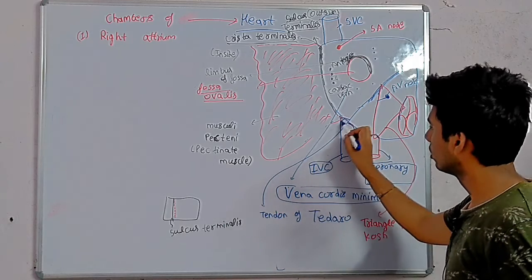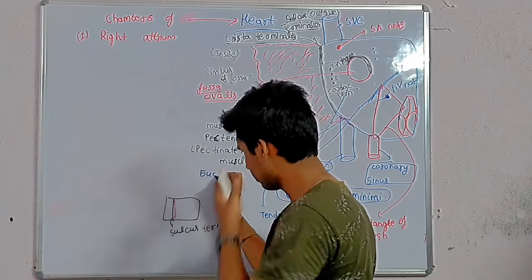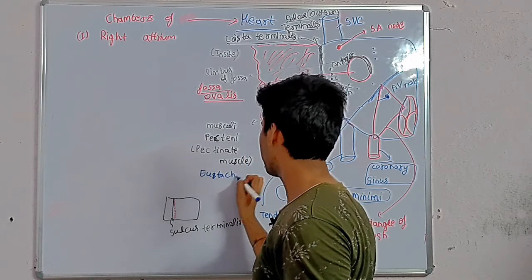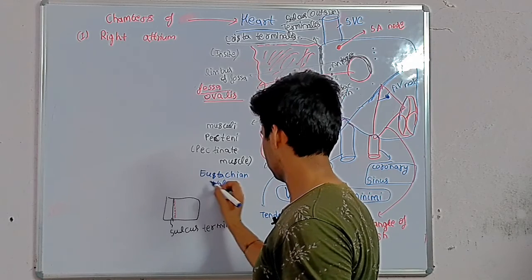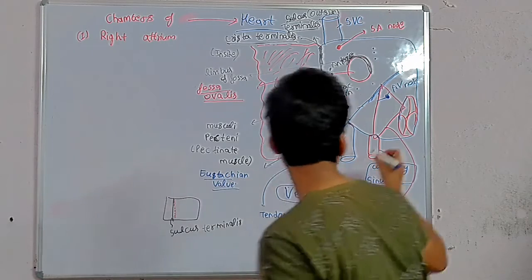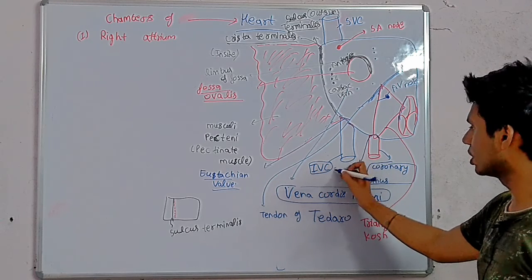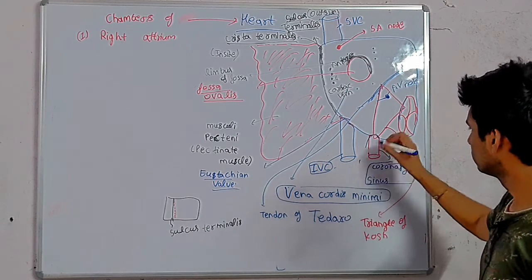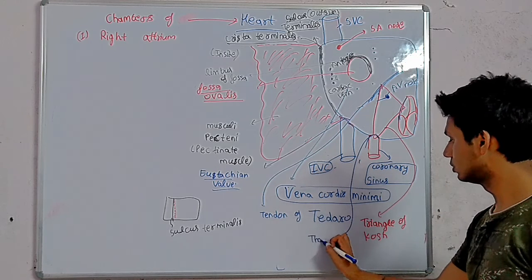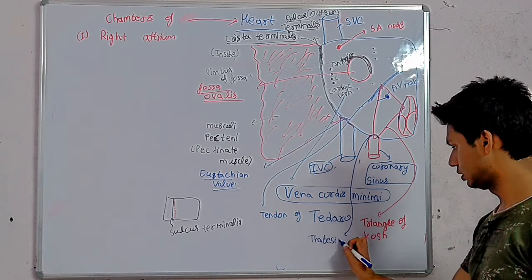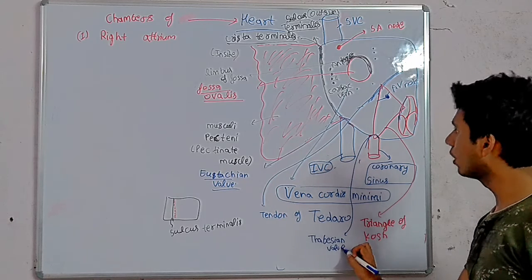The inferior vena cava opening is covered by the Eustachian valve, and the coronary sinus opening is covered by the Thebesian valve. The Thebesian valve is the valve of the coronary sinus.